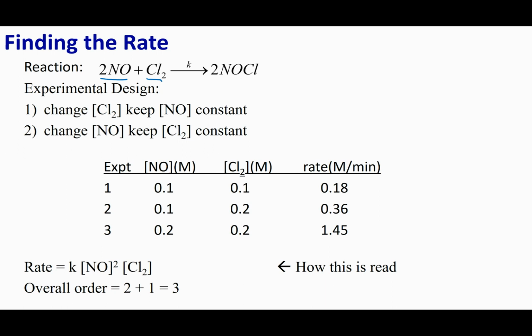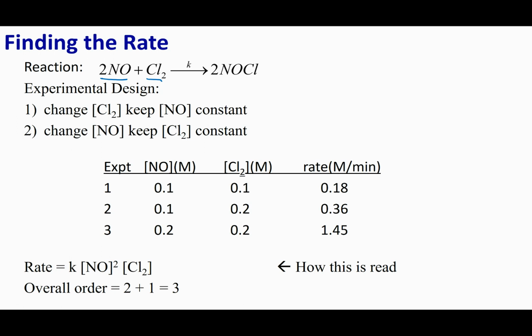But I want to note that order means the impact of that particular reactant. So if I'm trying to find the impact of one reactant, I can't let the other reactant change. So in order to assess this, I'm going to do the same process I did last time, but I gotta make sure that if I'm trying to find the order of something, I keep the other reactant constant.